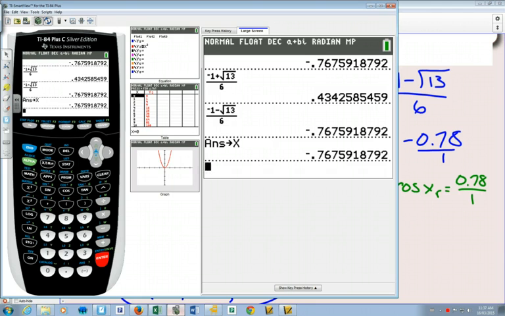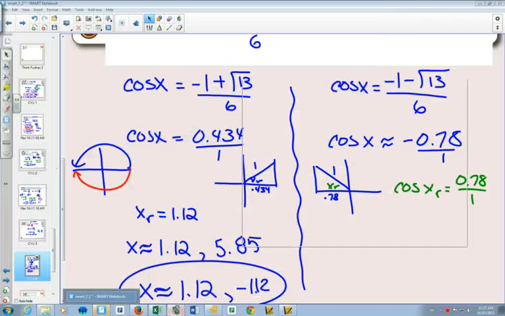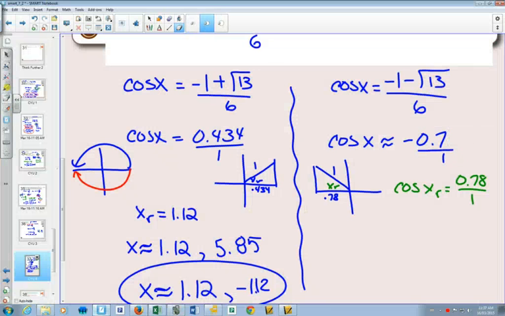And I'm going to do cos inverse. I'm going to take this, because I want that as a positive number, 0.76. Sorry, guys, I'm rounding here.